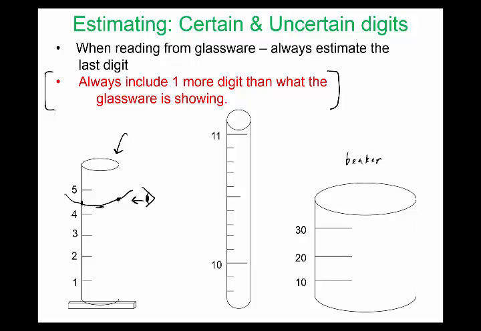And so how would you report this number? Each one of these is going up by 1. So this must be 1.5, and this must be 2.5, 3.5, and then this must be 4.5 here. But we're not at 4.5, we're a little bit less than that.